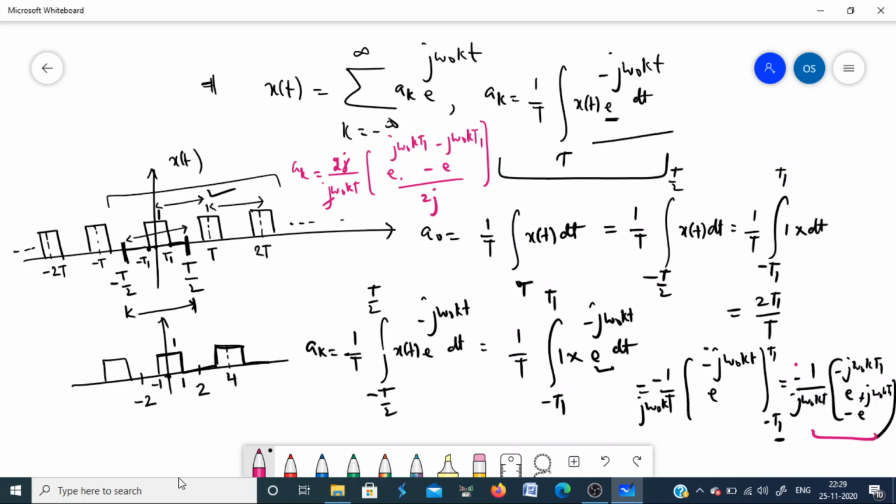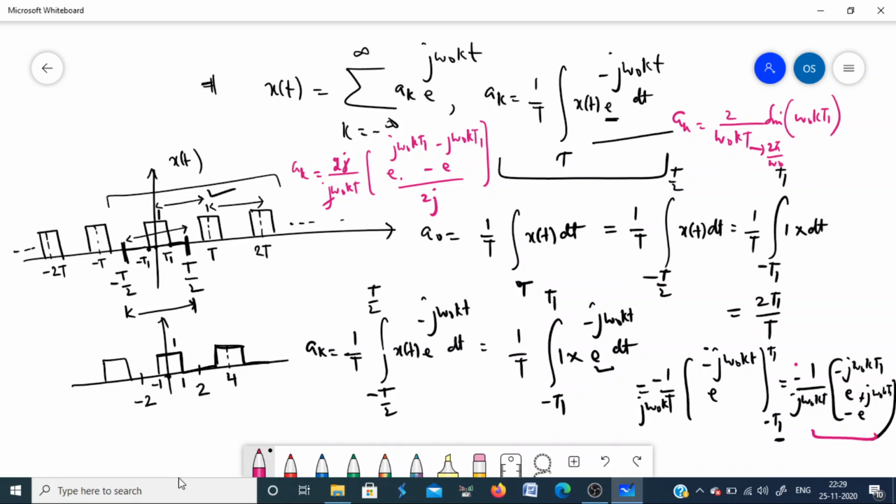Okay, so what you will get, you will get ak as 2 upon omega naught kt into sine of omega naught k t1, or in place of this omega naught or t, you can write t as 2 pi by omega naught.